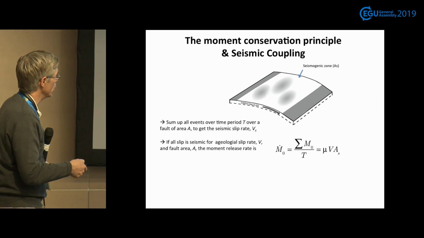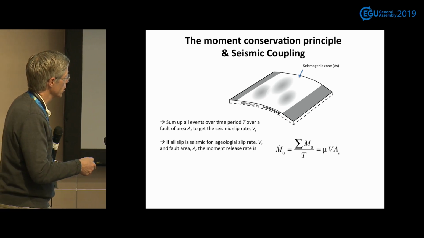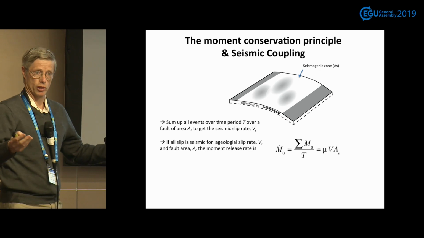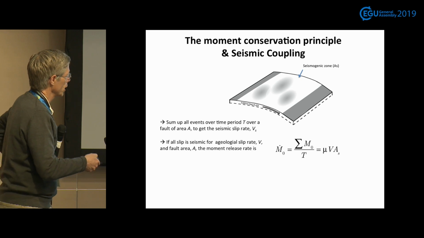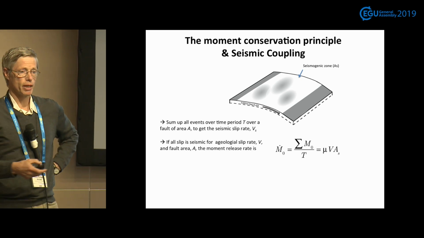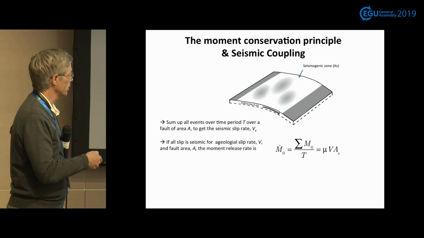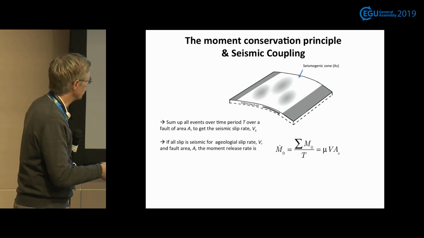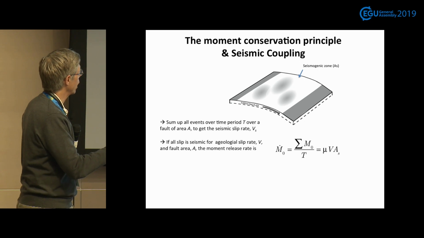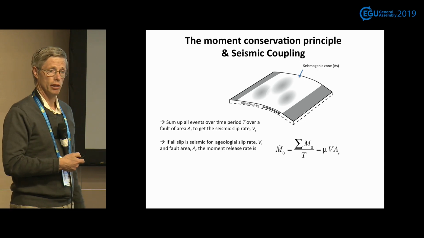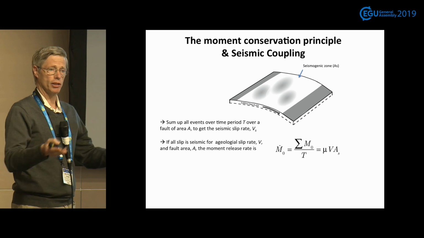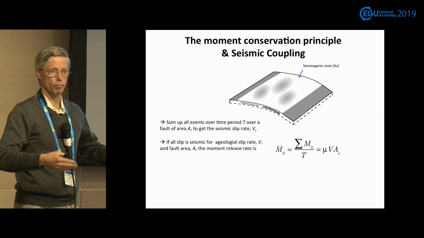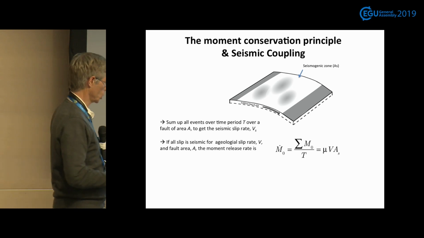If you can measure the area here, if you can measure the plate velocity, which you know from plate reconstruction, and if you can estimate the shear modulus from seismic waves, then you have a constraint on the rate at which moment is being released at the plate boundary. So a key element here is the area that is seismogenic. If it shrinks to 0, the plate interface is creeping, with no seismic hazard. If it's large, then the seismic hazard is going to be larger.